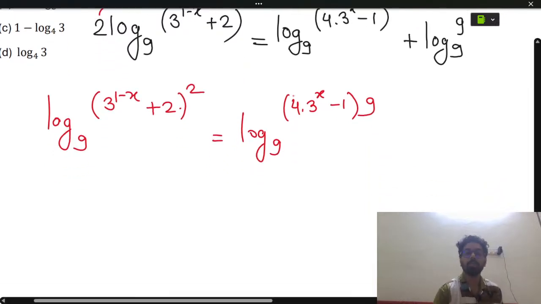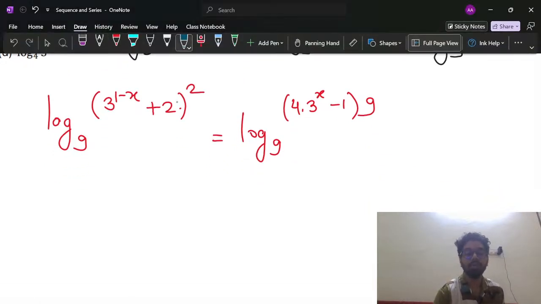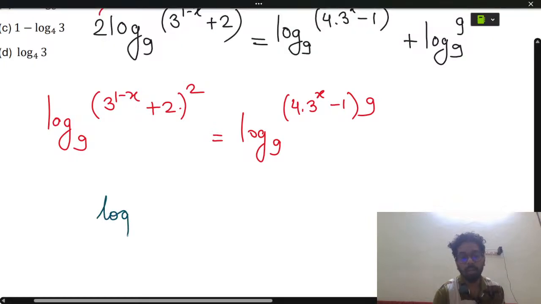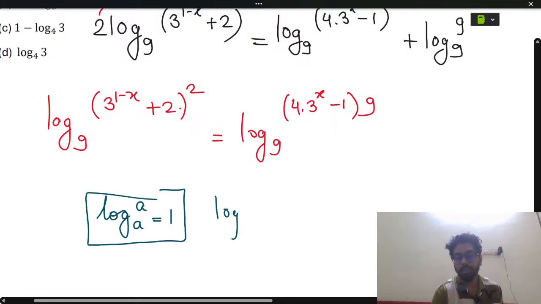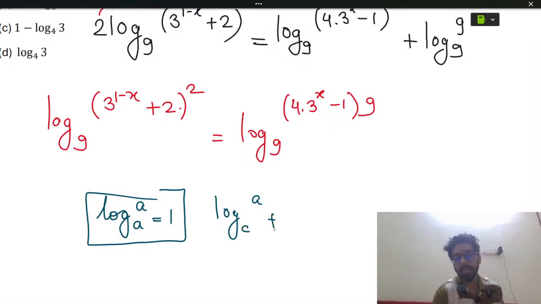So what property have I used? I will write down over here that log a to the base a is 1. That's one property I have used. Log a to the base c plus log b to the base c. If the base is the same, only then you can combine it into log ab.